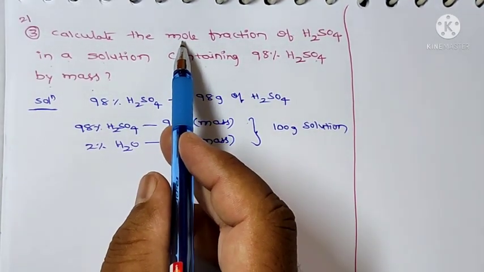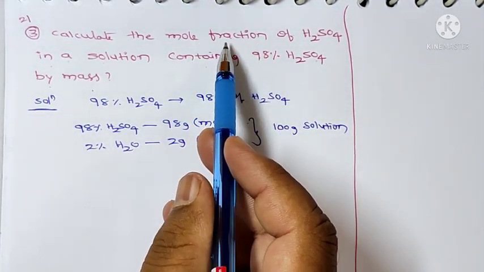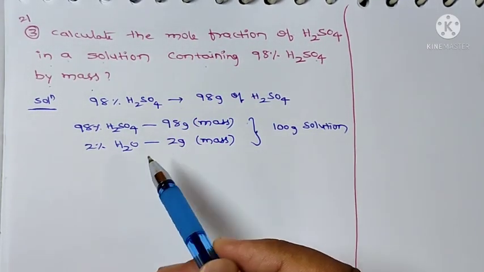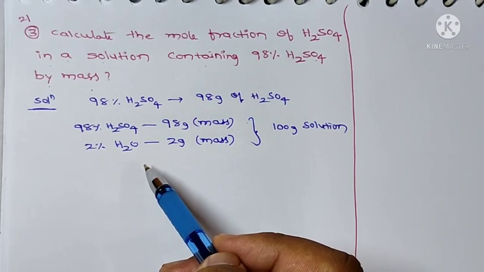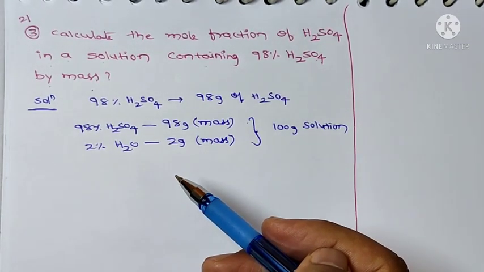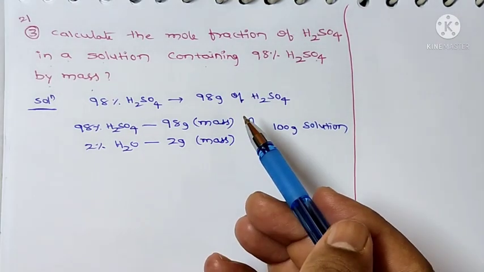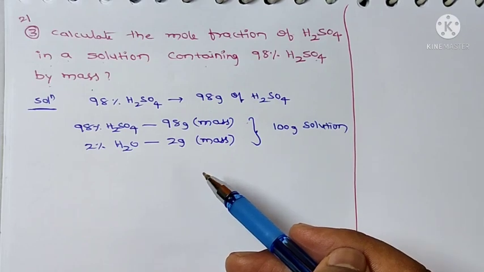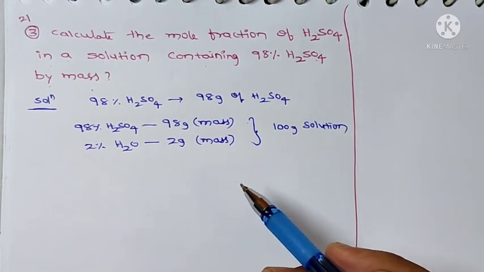So here we have to find out the mole fraction. Before the mole fraction, first of all we have to find out the moles, because the mole fraction of one component is equal to the number of moles of that particular component divided by the number of moles of total components.